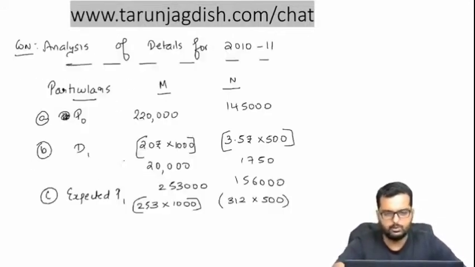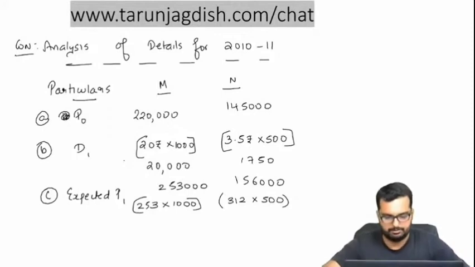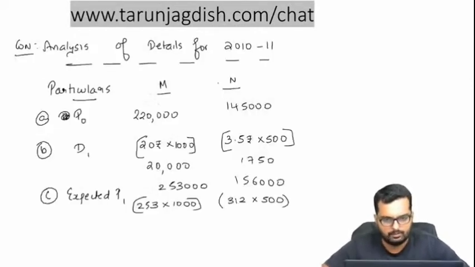Now the return would be 2,53,000 minus 2,20,000 plus 20,000 divided by, now the base here will be 2,20,000. It will become 24.09 percentage. Am I right? And what about the second one?